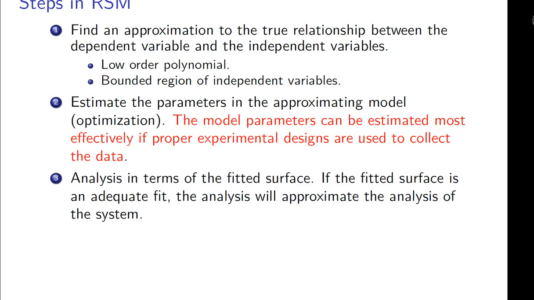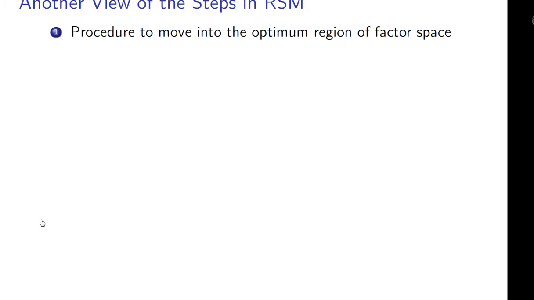But once you've estimated the model from an initial experimental design, you then have a fitted surface, and then you'll analyze the fitted surface. Is it a good fit? If it's a good fit, you have an accurate model. If it's not a good fit, then we have to find a way to move on and refine our model.